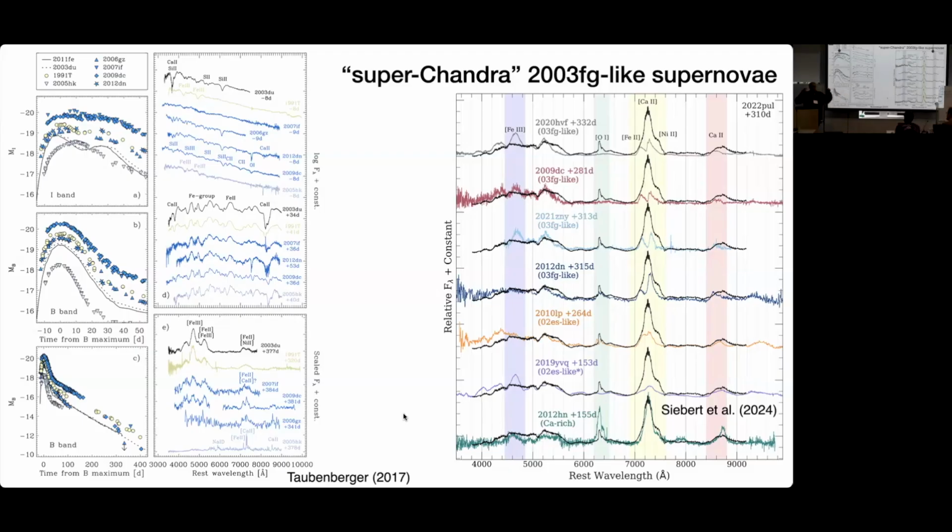So these were called super-Chandra, and the idea was that somehow the white dwarf was more than a Chandrasekhar mass. Is that possible? Maybe if it's rotating, you can get something like that, but probably not. The more likely explanation is, again, the merger of two relatively massive white dwarfs. That's what gets you all the ejecta mass. That's the leading scenario right now.